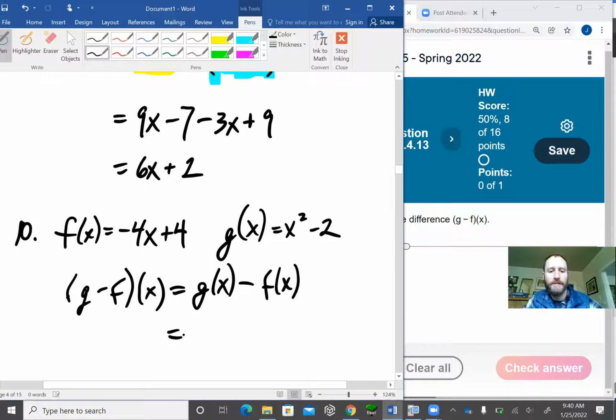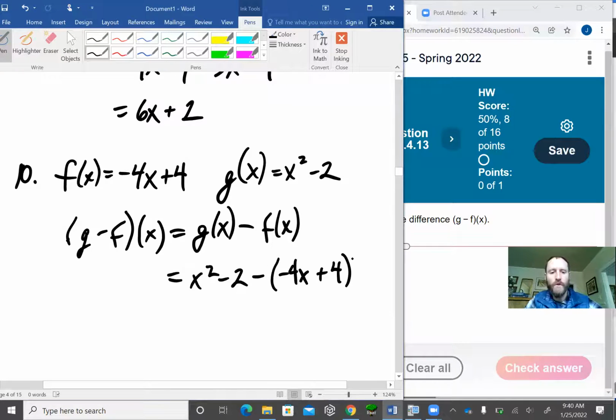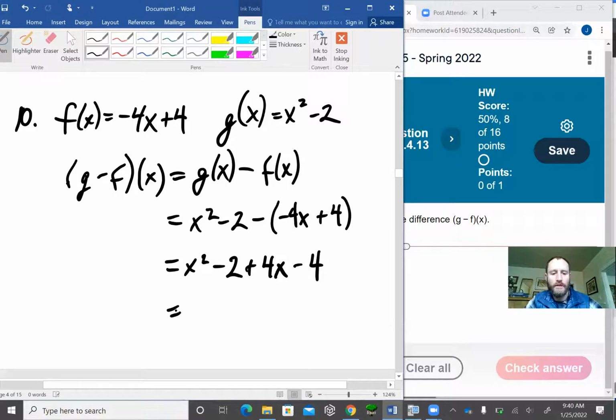So g of x is x squared minus 2, minus f of x. And now remember that parentheses, negative 4x plus 4. This gives me x squared minus 2 minus negative 4x, which would be plus 4x, and then minus positive 4 is minus 4. Then collect our like terms.